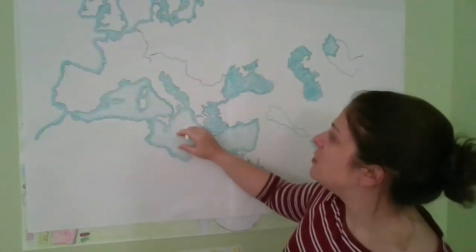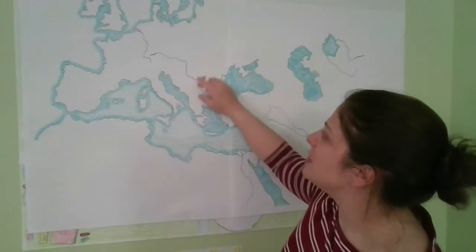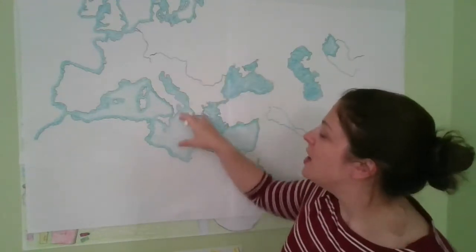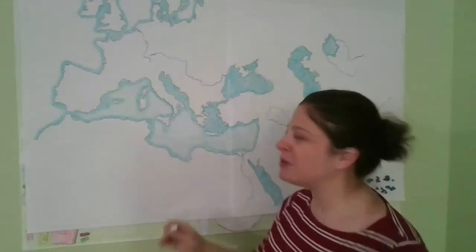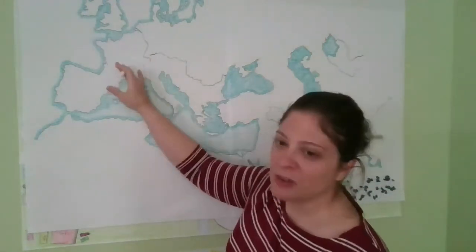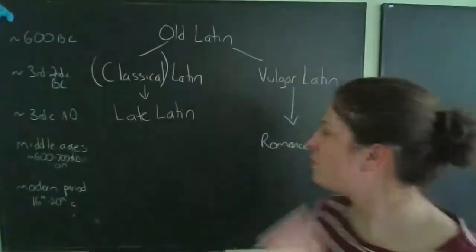And Balto-Slavic speakers come down here into the Baltic region, and so Balto-Slavic languages are spoken here. So the Romance languages represent where Vulgar Latin is spoken and never replaced, including Italy, Italian, France, French, Spain and Portugal, Spanish and Portuguese. All right. So that's the Romance languages.